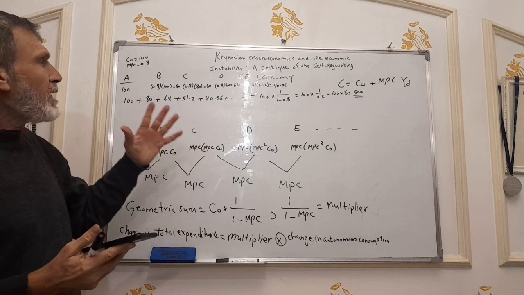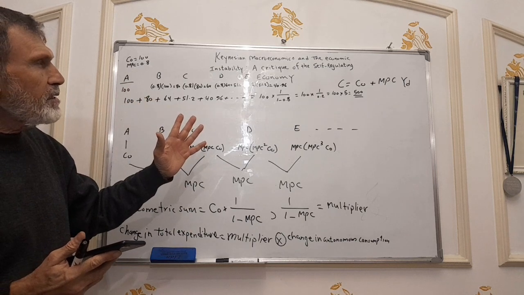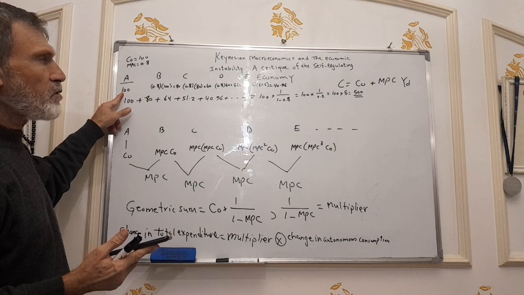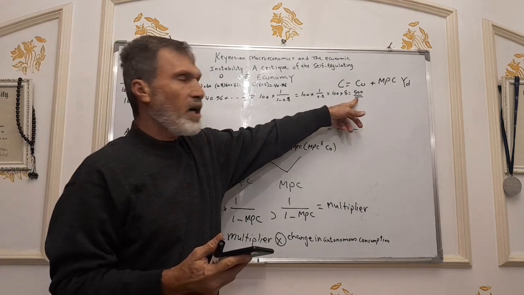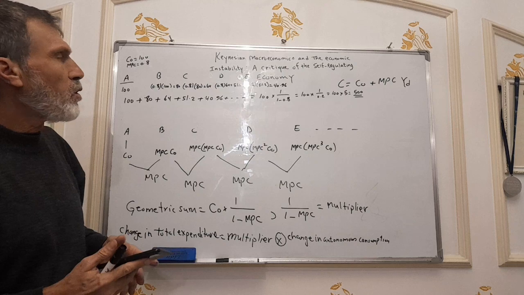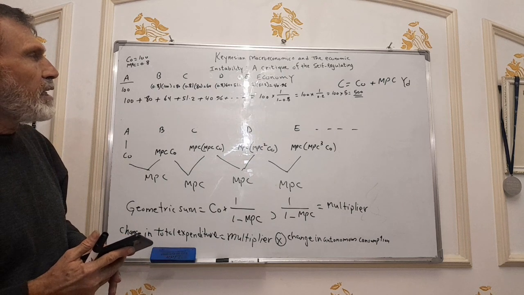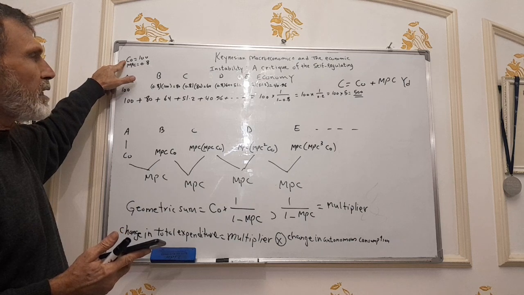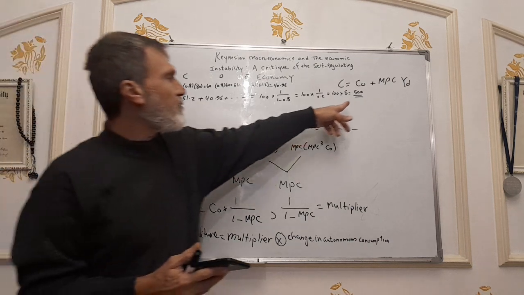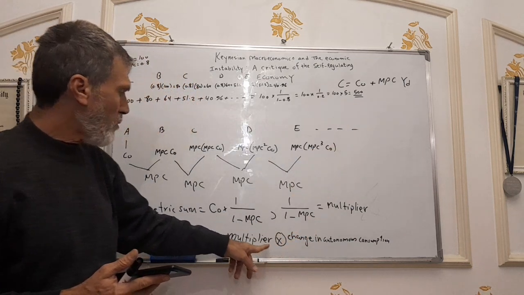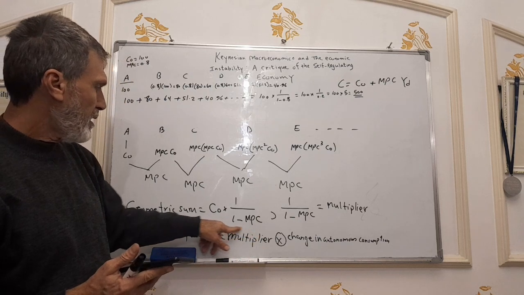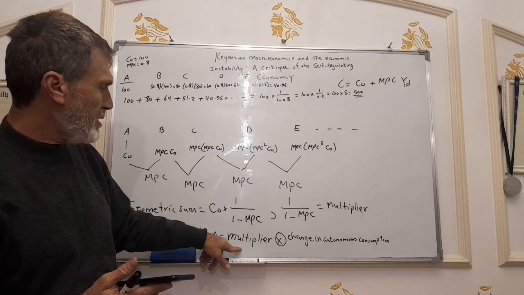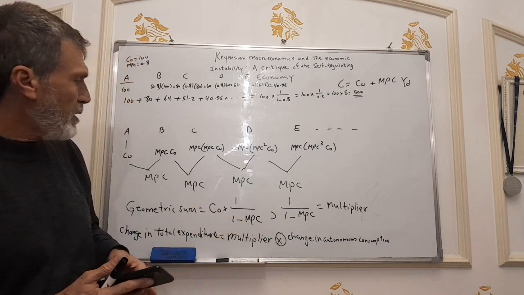So if we start with $100, the change in autonomous consumption will give us $500. That is the change in total spending, given that the MPC is 0.8 and C0 is 100. You come up with $500 by using this formula, which is derived from the geometric series formula.